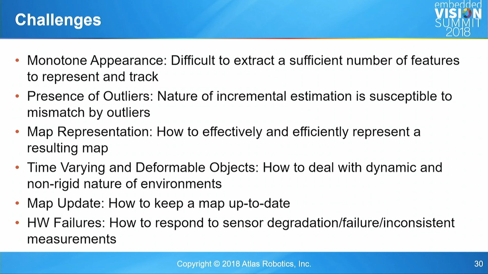How is that going to affect the pose estimation and optimization performance? The map representation, time varying and deformable objects are all about appearance changes. And once you have a good map, how do you want to update it? Hopefully the map is mostly about a static environment that won't change much, but occasionally you need to update it to reflect the changes.